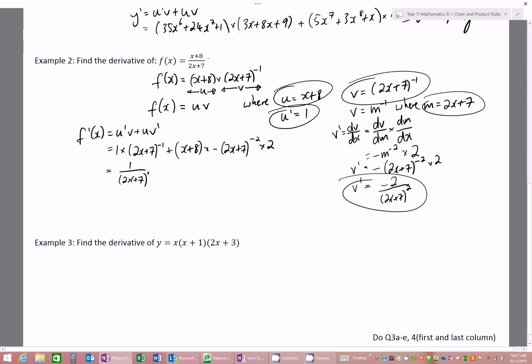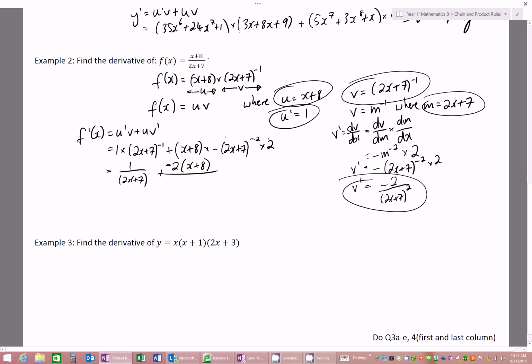We don't need to write the 1. For the second term, on top I'll have 2, the 2 here and the x plus 8. But that's all going to be negative because I'm multiplying by minus 1 as well.